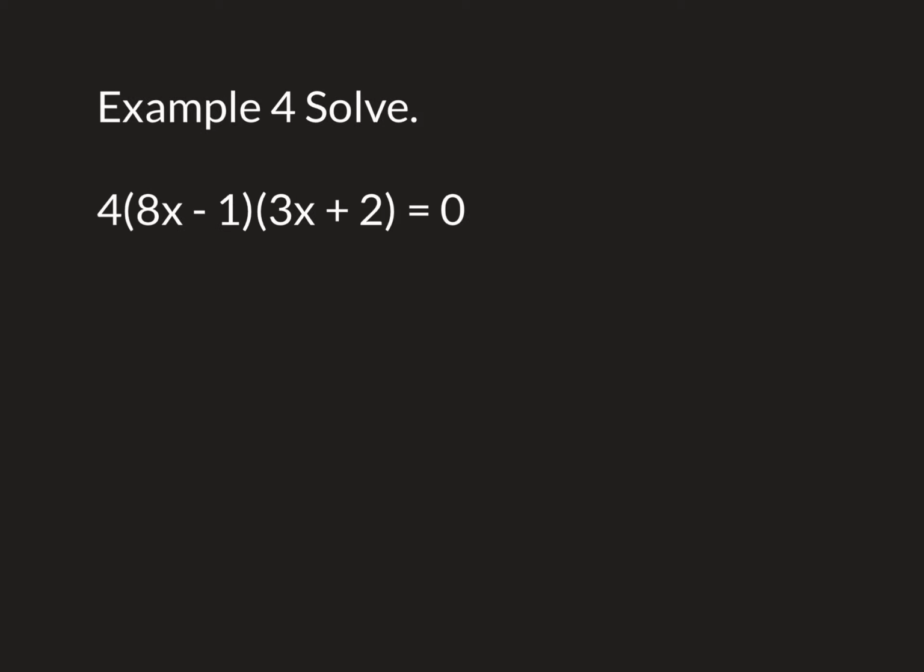Example 4 says to solve. Now, it says to solve, do I need to factor? Let's go through and see. Does it equal 0? Yes, it does. Is it factored? How you know is, do you have a product of binomials?